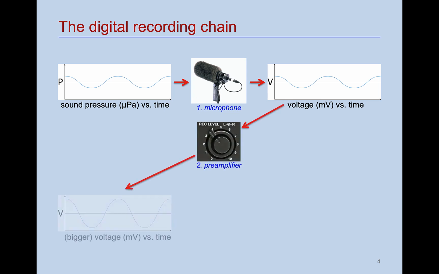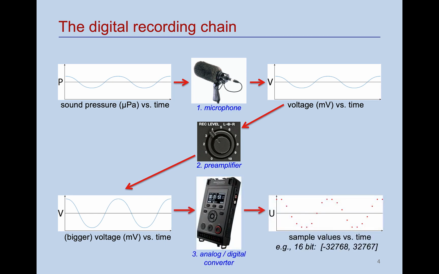In the second step, the small voltage signal from the microphone is amplified by a device called a preamplifier, or preamp, which is usually built into the recorder. The output of the preamplifier is an electrical waveform that has a similar shape to the waveform output by the microphone but has a larger amplitude.